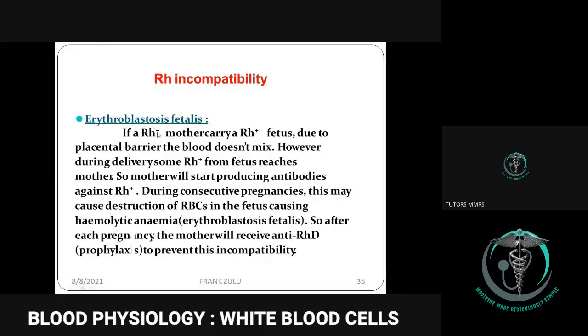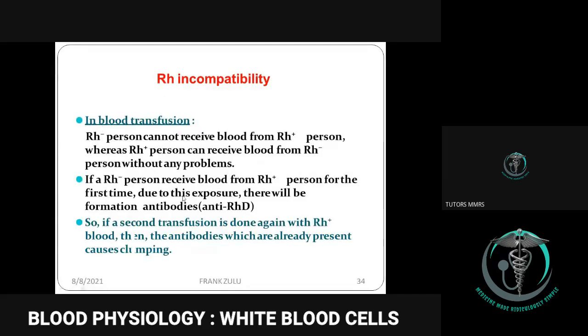And remember, we said someone who is RH negative cannot receive blood from someone who is RH positive. So in the first pregnancy, when the mother gets this blood, remember we said that in the first exposure, there will be formation of antibodies.